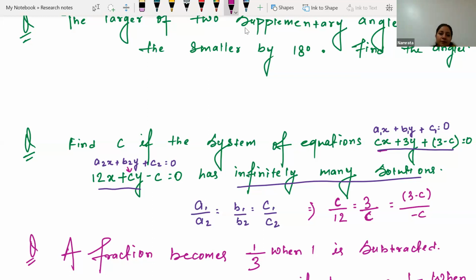a time. So if we take any two equations at a time over here, let's say we are taking these two and comparing. From here, what are we going to get as the value of c? Solve it. I'm getting 36.